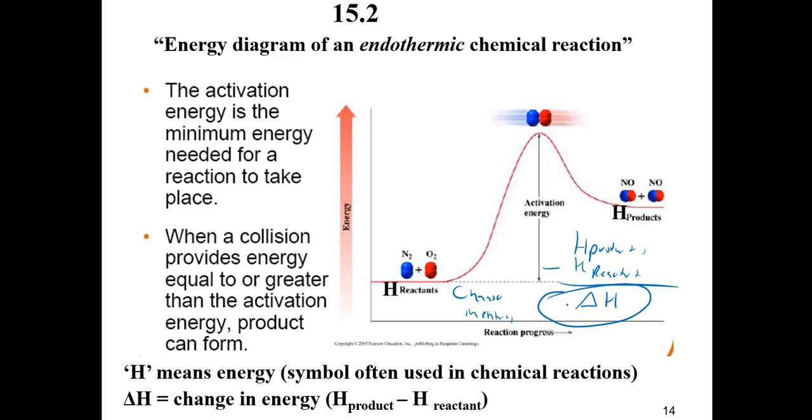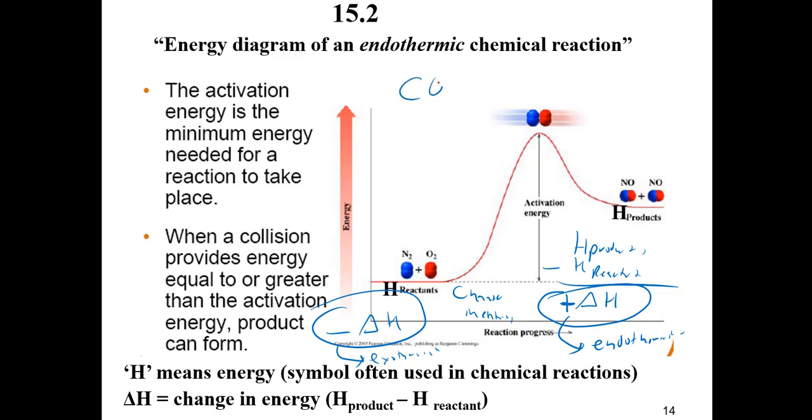If the change in enthalpy is positive, then it's going to be endothermic. If the change in enthalpy is negative, it's going to be exothermic. So endothermic means a lot more energy goes into the reaction, as exothermic means a lot more energy is coming out.